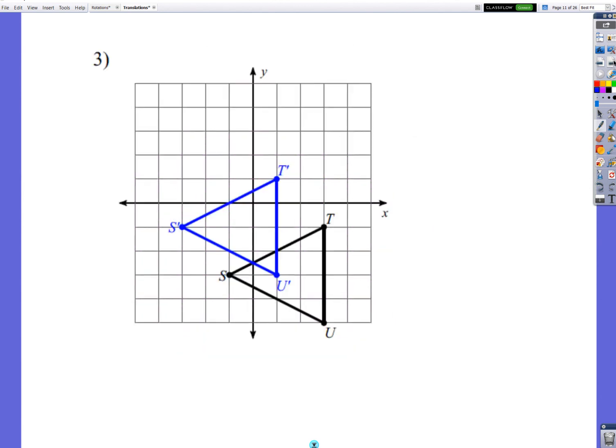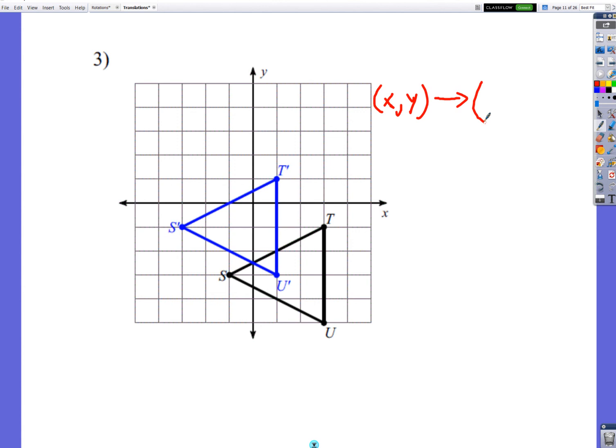This is the same thing. Here, this will be the last one I'll do. Let's describe this one using coordinate notation. And this will be the last one for translation. If I was asked for coordinate notation, I would say x, y first. Since we know translations are adding and subtracting, tell me what happens to each of the x's.